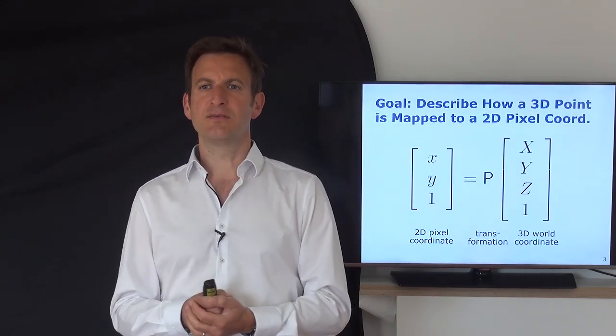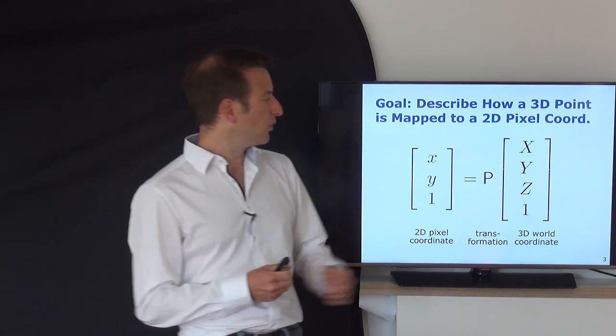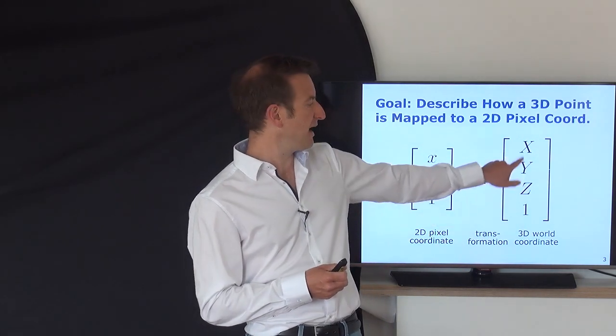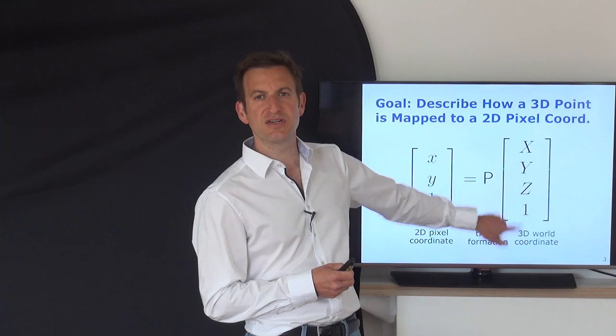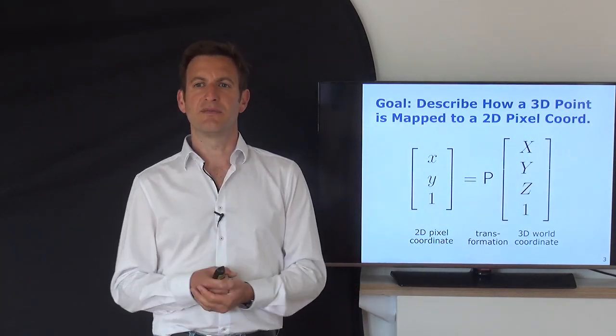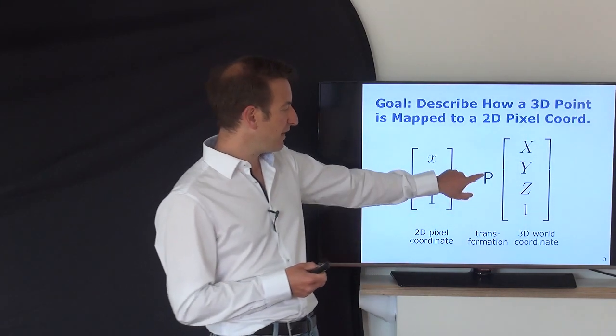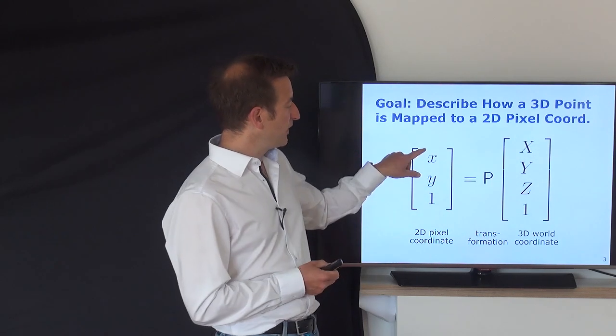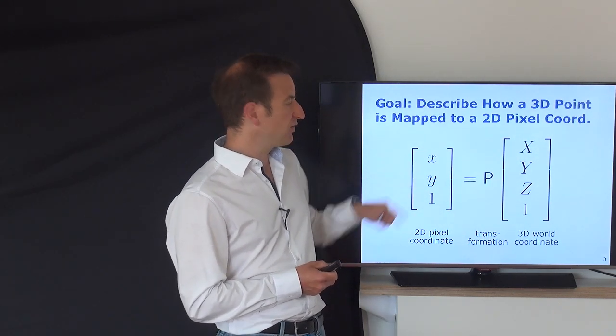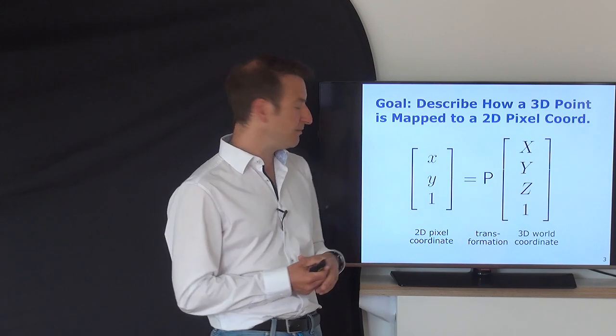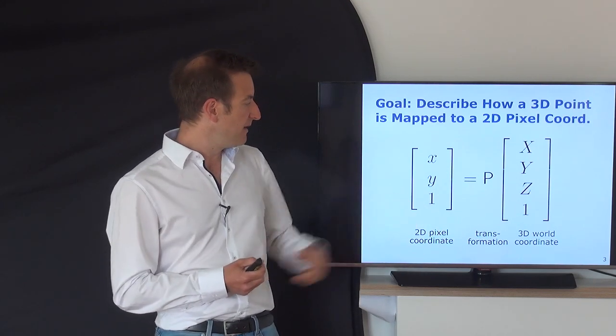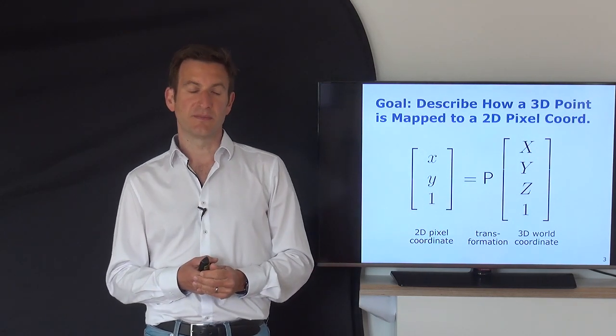Okay, we're doing things here in homogeneous coordinates. So we have our 3D point with an x, y, z coordinate and the additional dimension coming from the homogeneous coordinates. We have our transformation matrix, and then we have a three-dimensional vector with the x, y image coordinate and the additional coordinate from the homogeneous coordinate system.